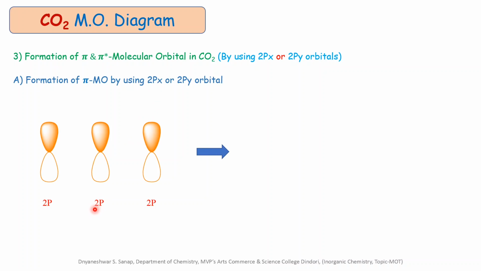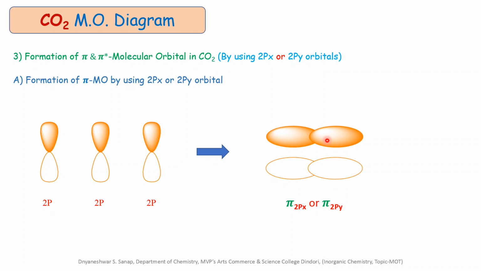We can write here 2p orbital for the 2px or 2py orbital commonly to avoid the confusion between the axes. When 2p orbital of carbon atom is combined with the 2p orbital of both oxygen having same side laterally, it produces the pi 2px or pi 2py bonding molecular orbital.